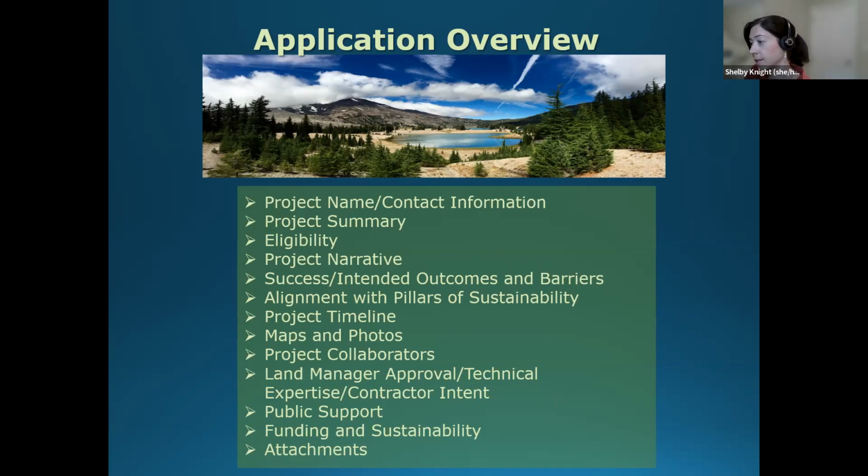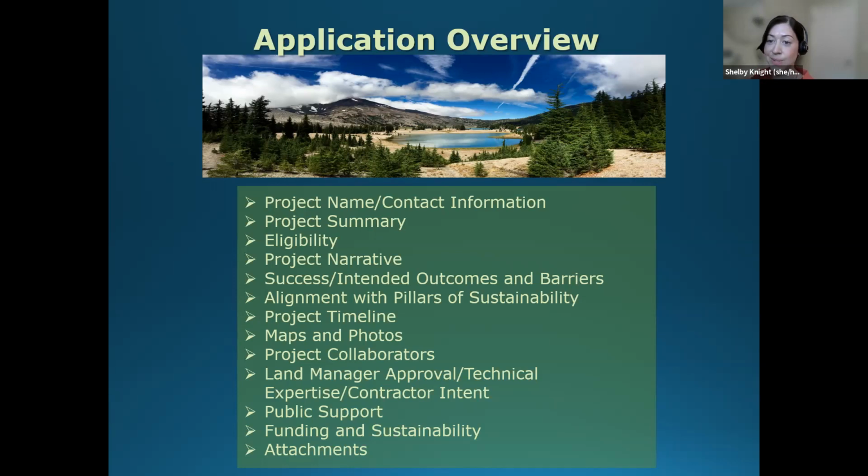Success, barriers, intended outcomes of your project, alignment with DTC mission and the pillars of sustainability, project timeline, maps and photos, which we'll talk more about here in a second, project collaborators, who else are you working with on the project, that land manager approval, technical expertise, and contractor intent piece that Jana just spoke to.